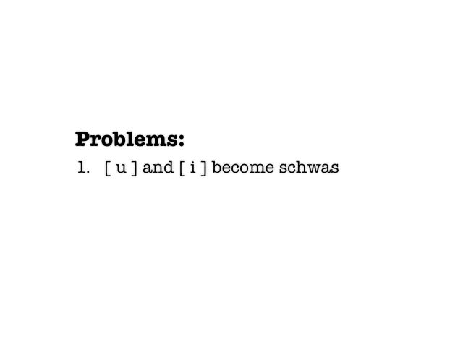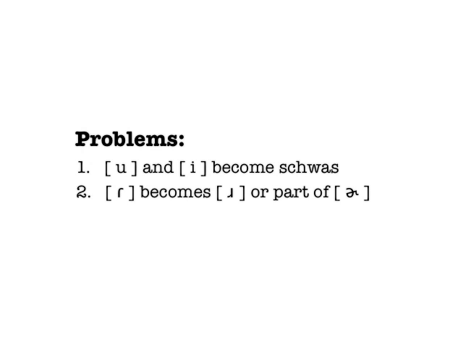First of all, u and e get turned into schwas, which don't exist in Italian. You can hear there's a big difference between u and the schwa, and between e and the schwa. Those are important differences even to an English speaker. Second, the Italian flipped R gets replaced with an English R, which also doesn't exist in Italian.